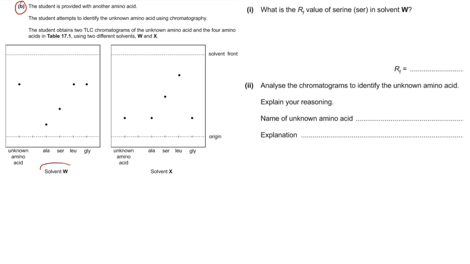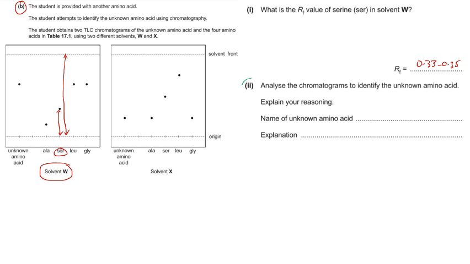So here's solvent W, and here's serine, and RF values we know are this distance divided by this distance. So get your rulers out, measure those two distances, do the division, and the answer comes out to be between 0.33 and 0.35. If you get a number between those two, you get that mark.